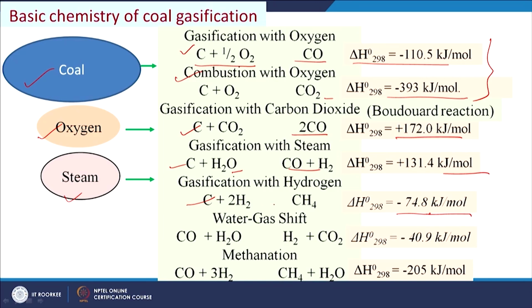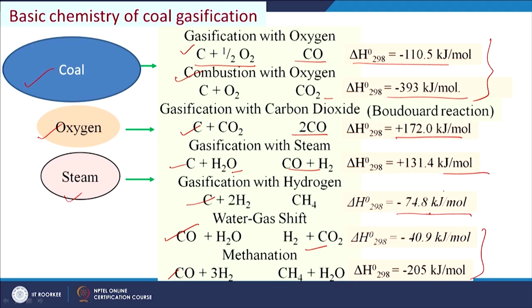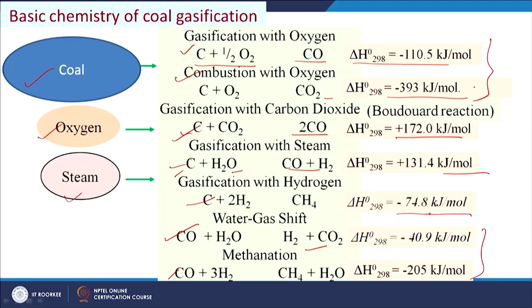So, C plus 2H2 gives CH4, and at the same time under the same conditions some water gas shift reaction takes place, CO plus H2O reacts to form H2 plus CO2, and some methanation also takes place, that is CO plus 3H2 gives CH4 plus H2O. These two reactions are also exothermic in nature. So, overall we have both exothermic and endothermic reactions. Initially we need to provide oxygen, the reactions release energy, and that energy will be used for these reactions.